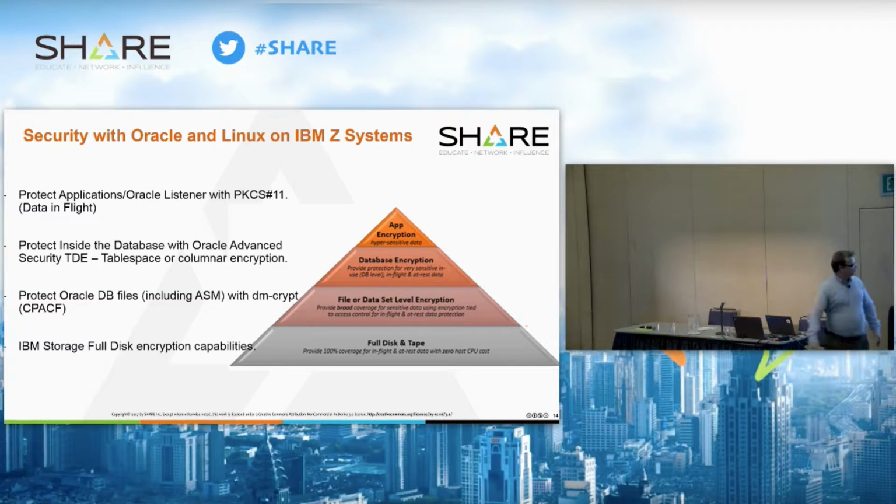All right, so I stole this triangle from your presentation, thank you. And what we're trying to do with Oracle now is add in an encryption story. We have PKCS 11 for the app tier.